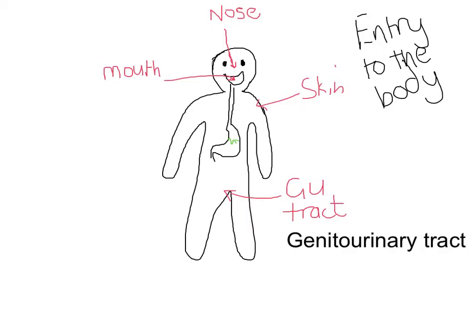Now the last part that we're going to look at where microbes can enter the body is the GU tract. Now the GU tract stands for genitourinary tract, and this includes the reproductive organs and the urethra up into the bladder and the kidneys. So the body produces acidic urine, and this will kill any microbes that try and get into the bladder.